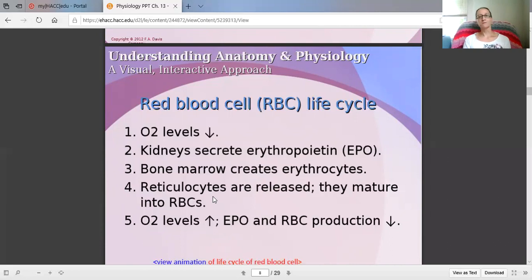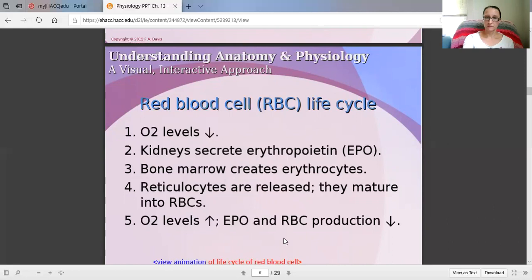Either way, it doesn't quite matter. So reticulocytes are then released from the bone marrow, and these are just immature red blood cells, and they take about 3 to 5 days, or 1 to 2 days to actually mature, and then the whole cycle takes about 3 to 5 days. They mature into red blood cells, and then you have more circulating red blood cells, which are picking up more oxygen, right?